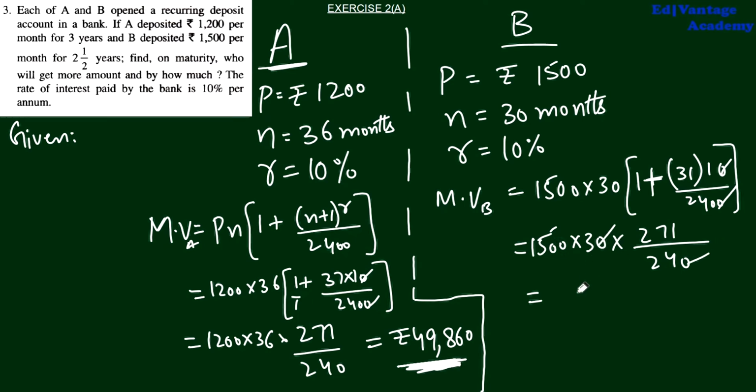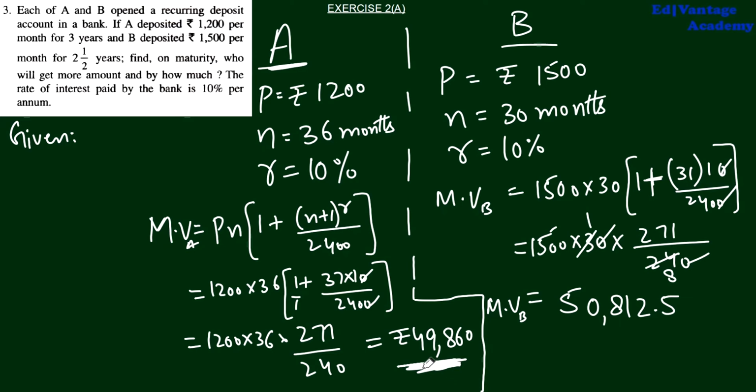You cancel it and it goes in the 3 table, 3 ones are 3, 3 eights are 24, again 1508 will go. After cancellation, the answer which you get for the maturity value of B is 50,812.5 after rounding off.